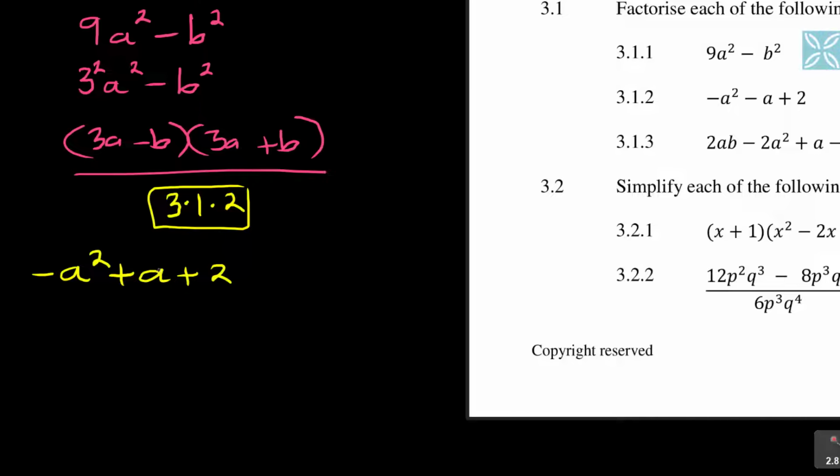It's a tricky question, I will accept, but so that you don't get confused, you write minus and open a bracket, taking that negative outside. Remember, when you take out a negative, you interchange the signs inside. So now this becomes a squared, positive becomes minus a, positive becomes minus 2.